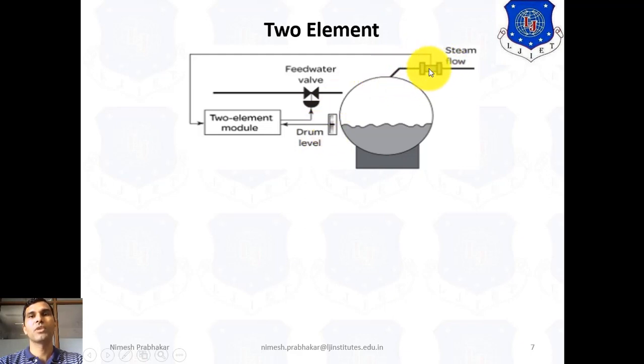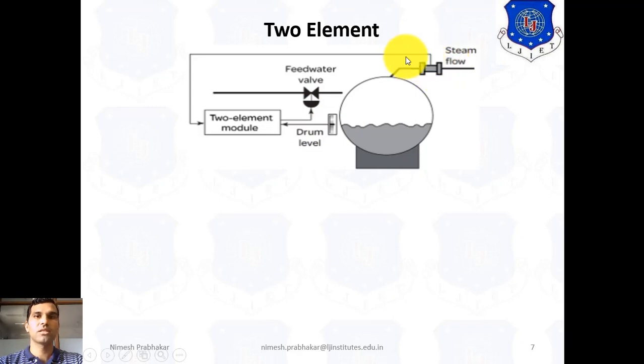That means this is a steam flow measurement, and it also goes to the controller. So there are two sensors used. The first is used for the drum level controller, and the second is used for the steam flow measurement.